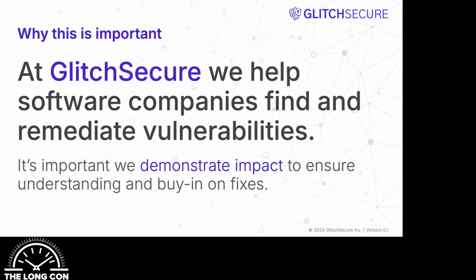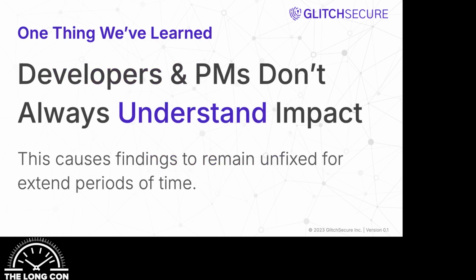One reason this is important to me, at least, is that at GlitchSecure, we help find vulnerabilities, whether through penetration testing or automated security testing through DAST. One of the problems I've found as a penetration tester is it's really, really hard to get PMs and developers to fully understand the impact, right? There are so many times where I'll find a vulnerability and I'm like, oh, this is the coolest thing ever.